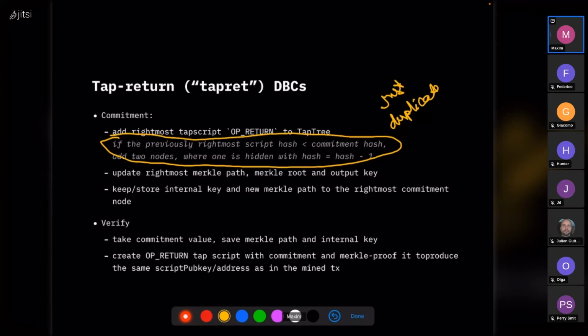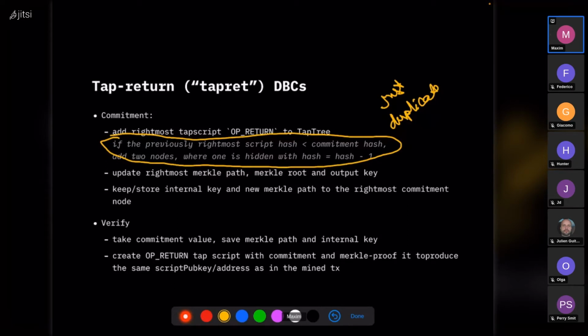And to verify, we take the commitment value from the message we are committing to. We take the Merkle path and internal key, and we replicate this procedure. We create an OP_RETURN containing the commitment.